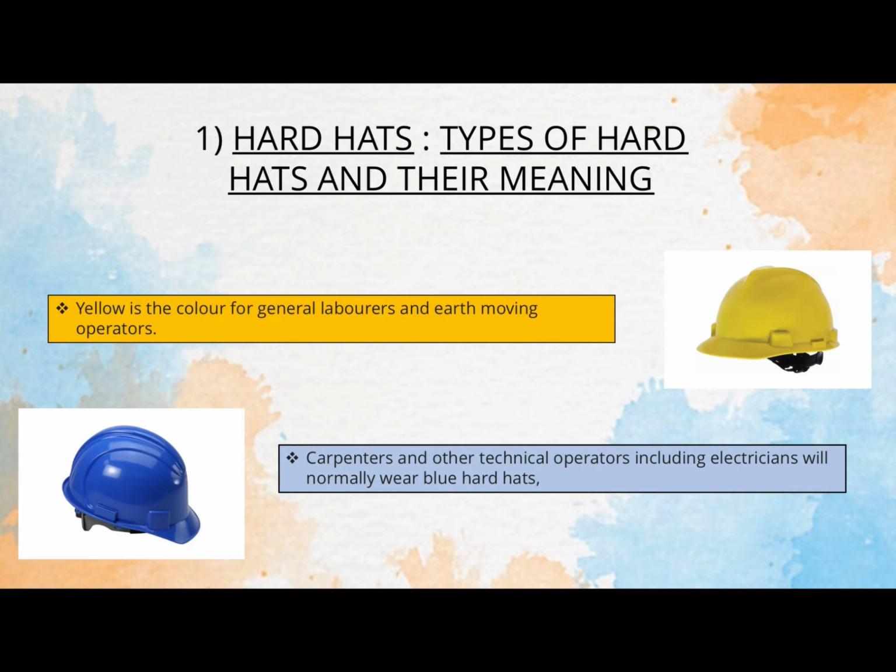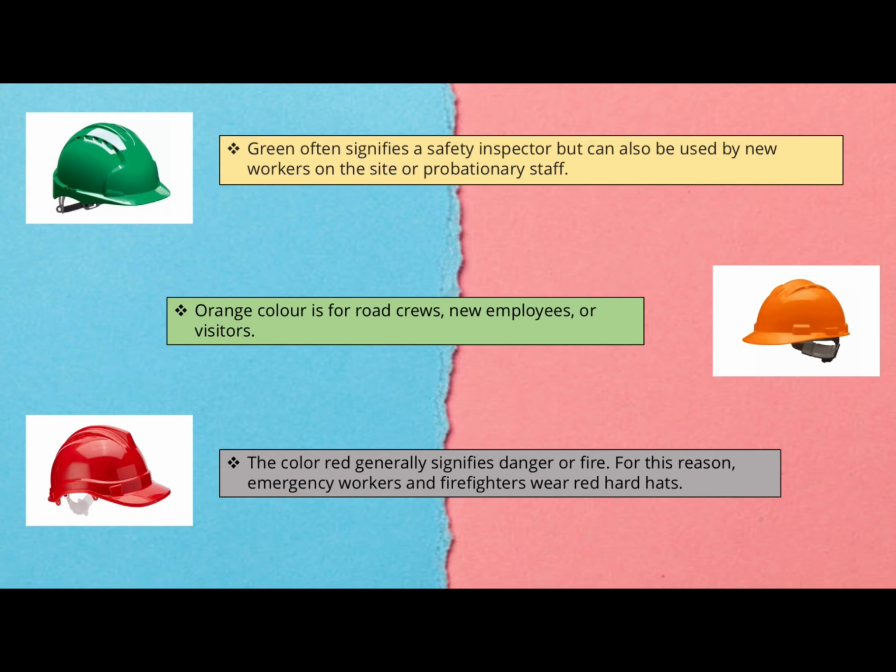Blue hard hats are usually used for carpenters and other technical operators including electricians. After that is the green hard hat. Green hard hats are usually used for safety officers. The orange hard hat is usually used for road crew, new employees, or visitors.